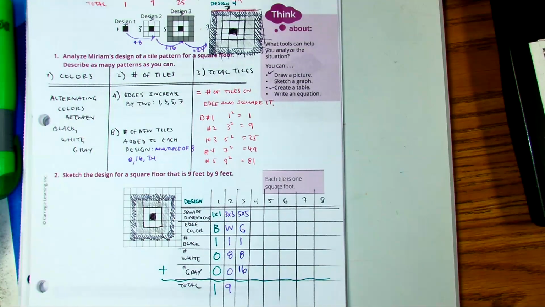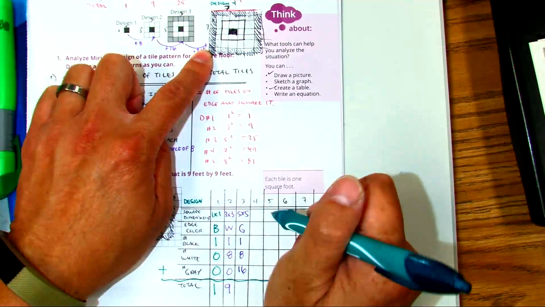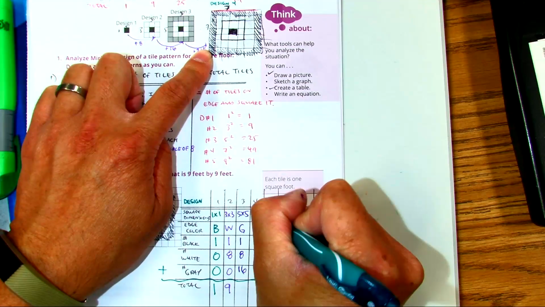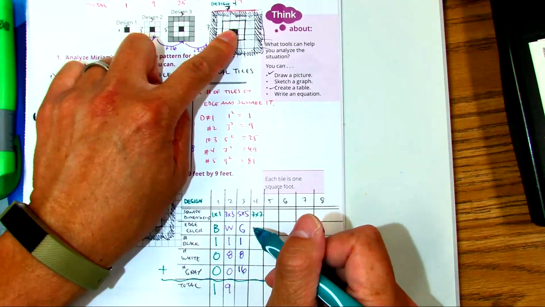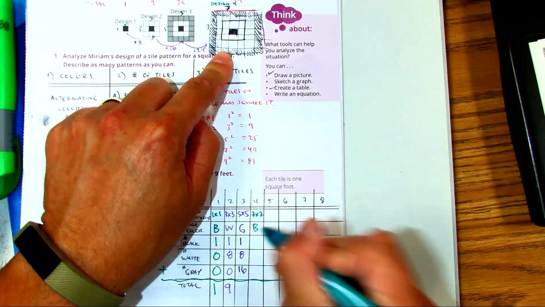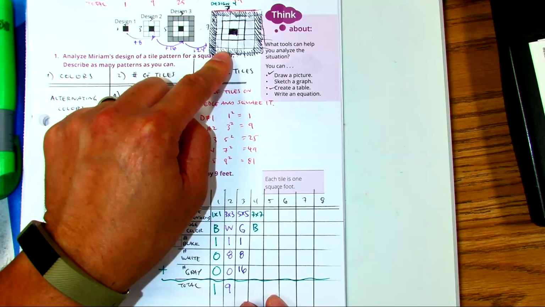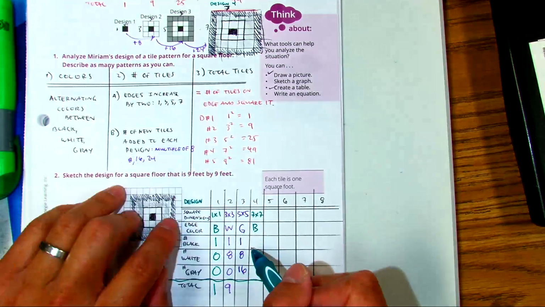Okay, design number 4. Seven by 7. And the edge here is what color? Okay, careful now. Do you have 1 black tile? No. How many we got?